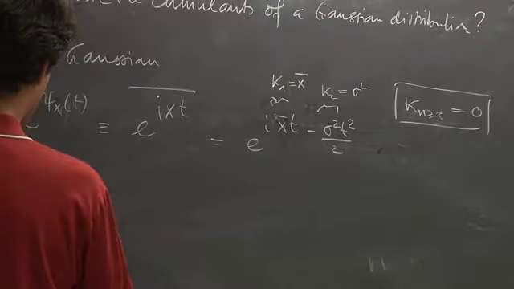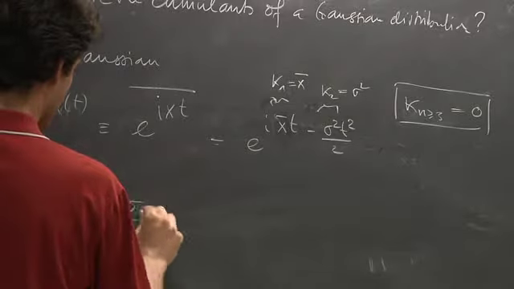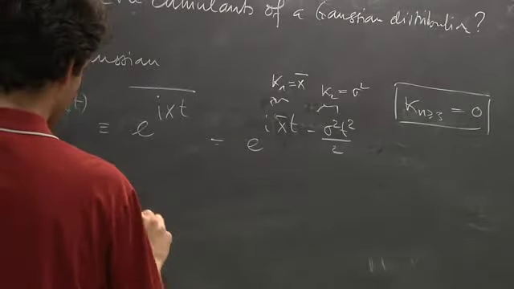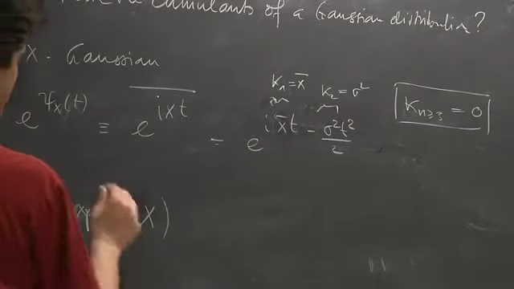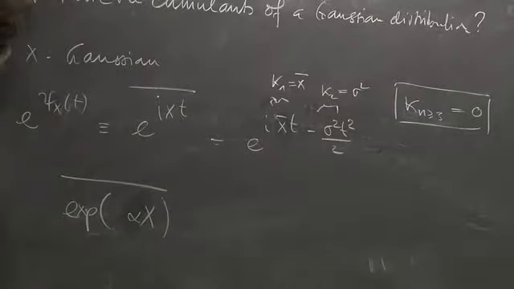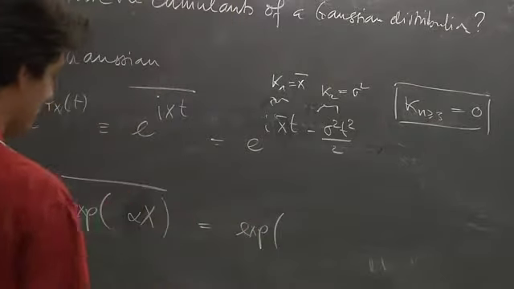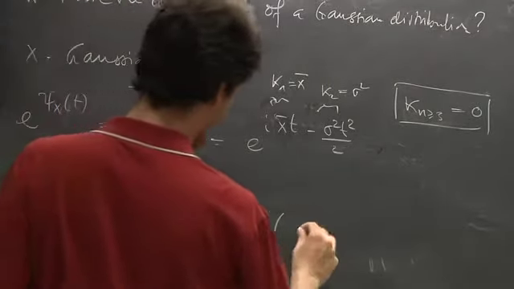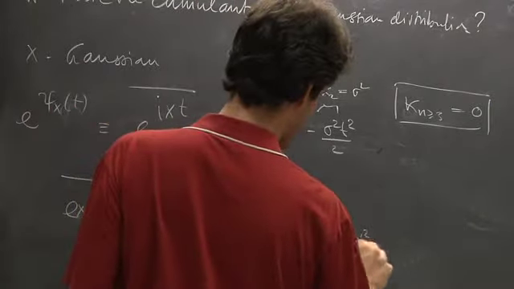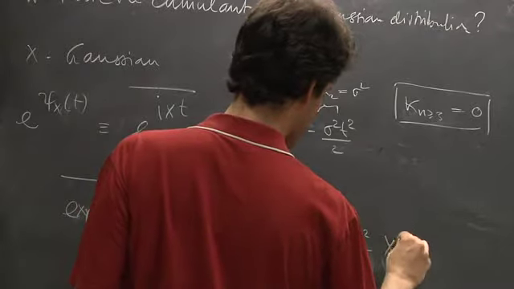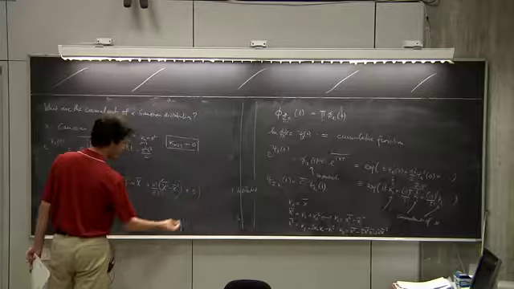If you have an exponential of some alpha x, and x is a Gaussian variable, and you have to compute that, well, you just know, since this is a Gaussian variable, this will be alpha times the average of x plus alpha squared over 2 times the average of x squared minus the average of x squared. And then plus 0. So this is exact.